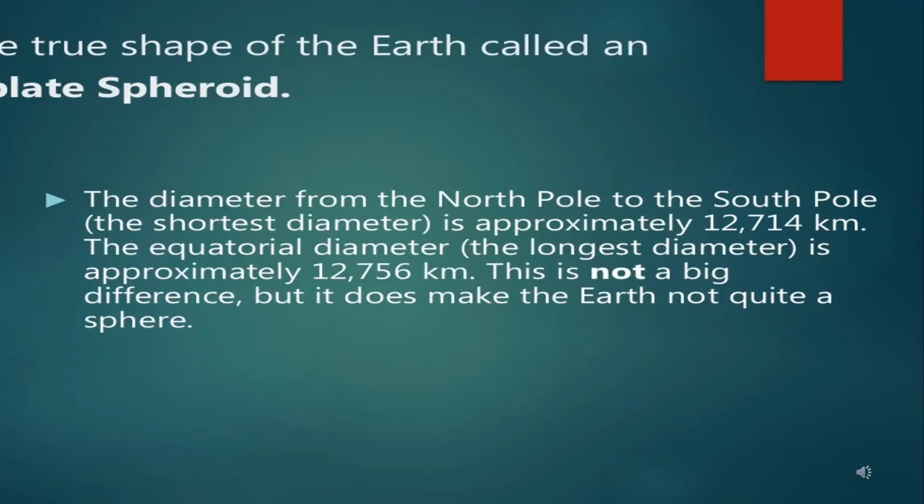You know that the true shape of the Earth is not circular, but it is an oblate spheroid. The diameter from the North Pole to the South Pole, the shortest diameter, is approximately 12,714 km. The equatorial diameter, the longest diameter, is approximately 12,756 km. This is not a big difference, but it does make the Earth not quite a sphere.